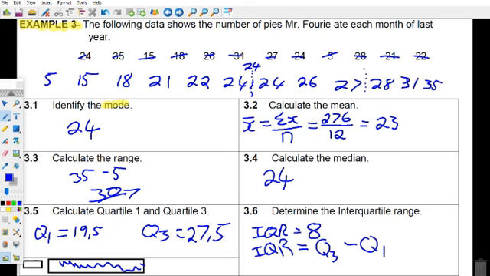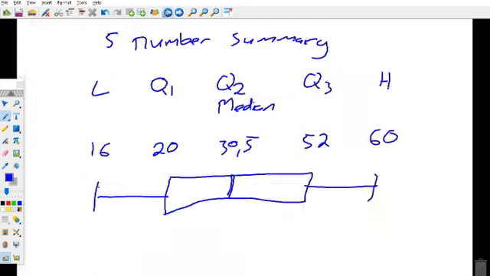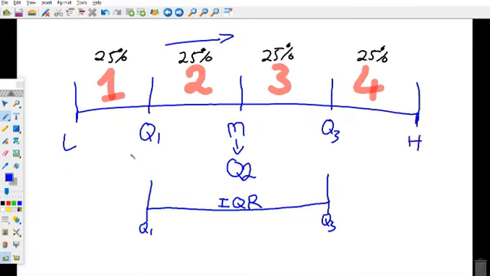Okay. So let's have a look quickly at what the quartiles are. So the quartiles, when you're trying to find a quartile, okay? Oh, look here. There's my 5-number summary. So my quartiles are specific points that divide my data up into 4 specific sections. 1, 2, 3, 4. Okay, you see that?